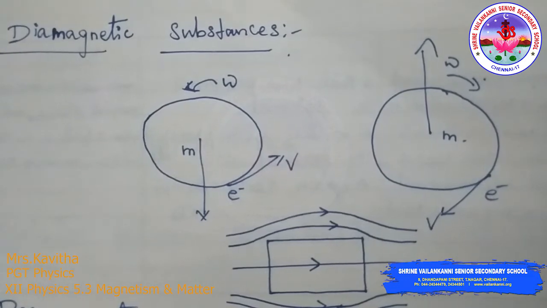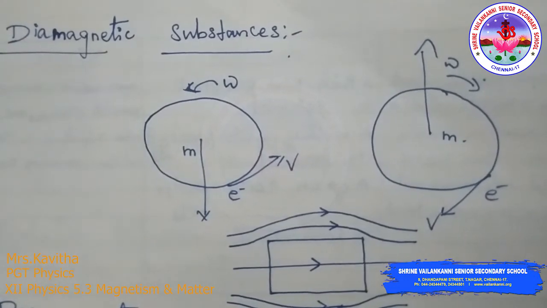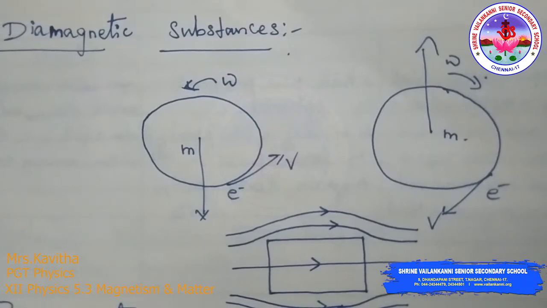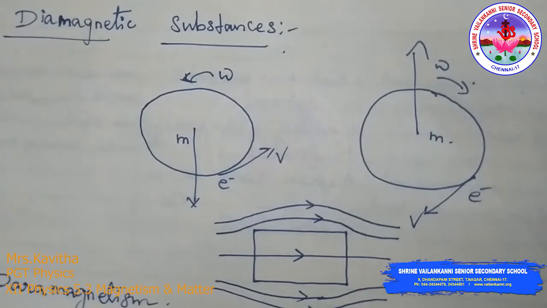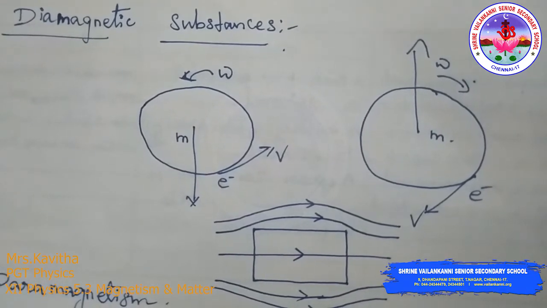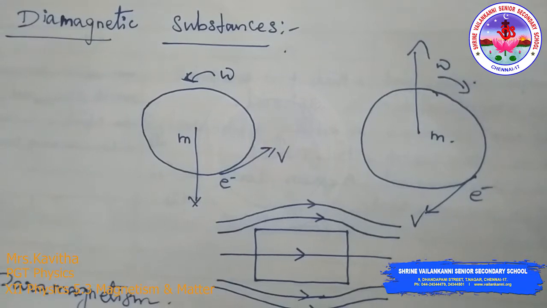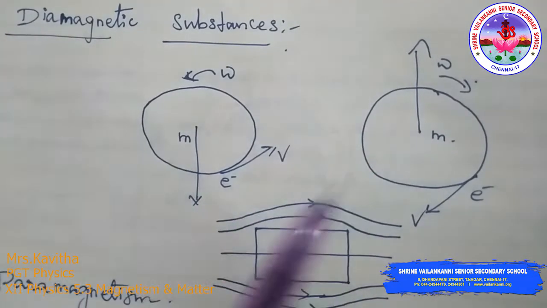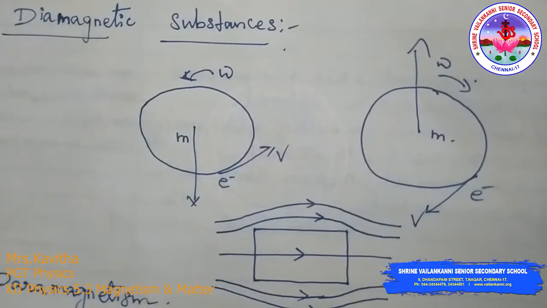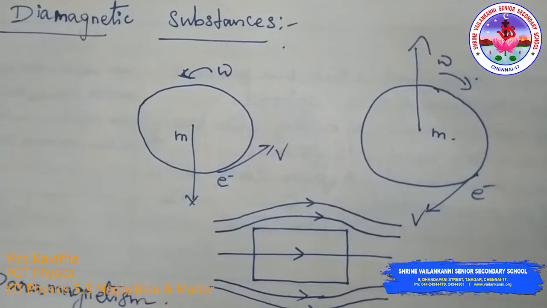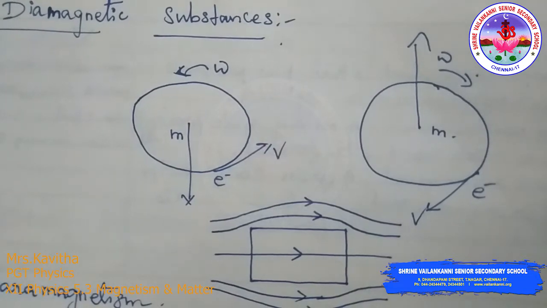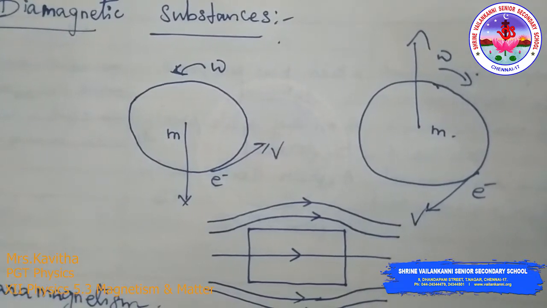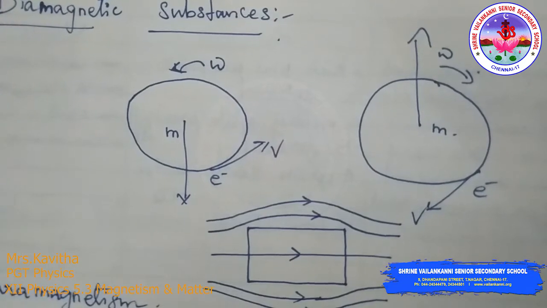The origin of diamagnetism is in atoms of some materials like bismuth, copper and lead. The electrons occur in pairs, with one of them revolving clockwise and the other anticlockwise around the nucleus. So the net magnetic moment of an atom is 0. When such an atom is placed in a magnetic field, the speed of revolution of one electron increases and that of the other decreases.